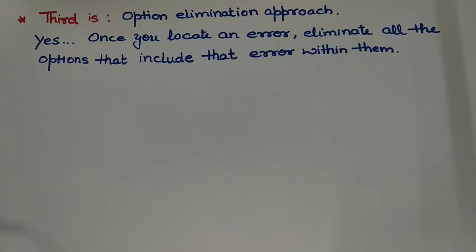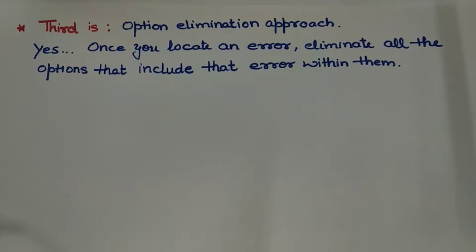Now, after learning the rules and practice, the third thing you should keep in mind is the option elimination approach. What actually happens is we keep looking at the question and trying to find the error, but we don't get it. You cannot focus on a single approach every time. You have to try new things and act smart to save your time.